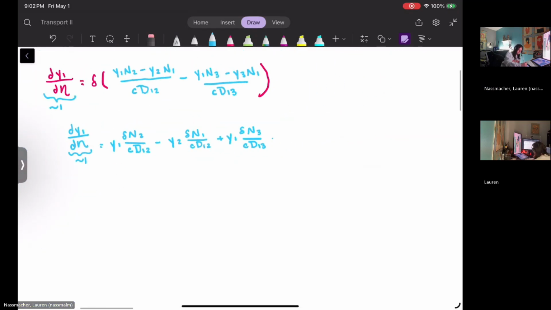From here, subtract our mole fraction of our air, our thickness, our molar flux of 1 divided by our concentration and our diffusion coefficient of 1 to 3.